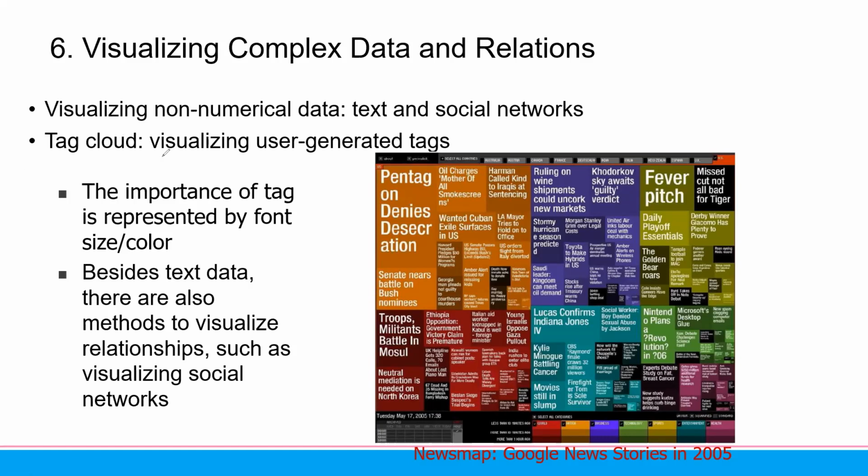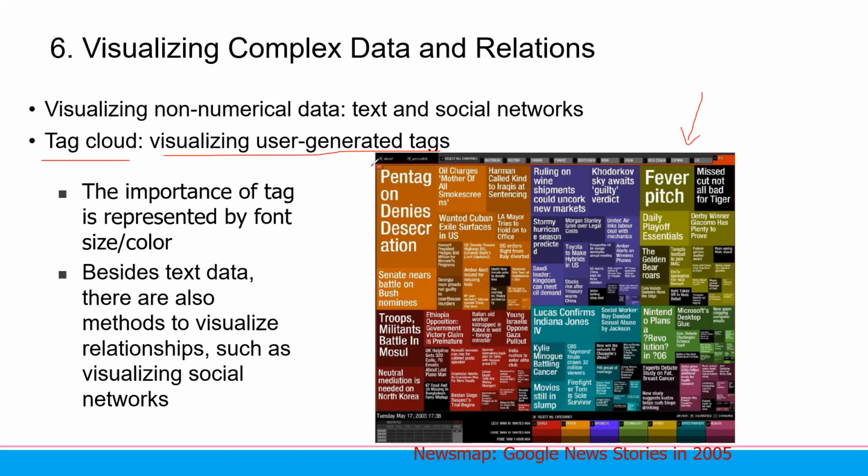It means we want to visualize user-generated text. This is the news map. The news map is for the social network and related to the text, and it's also possible for extracting the news.